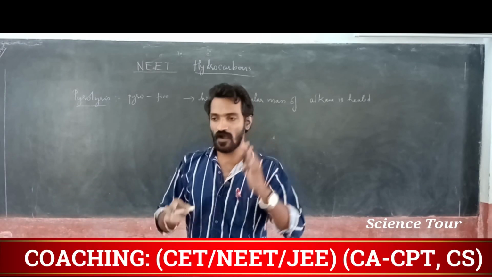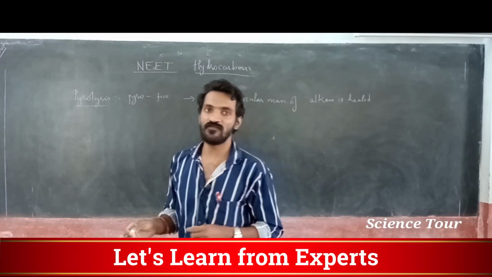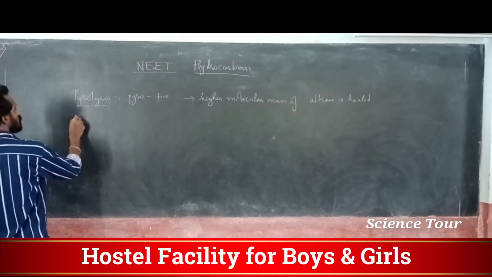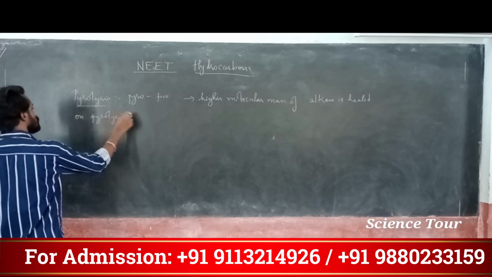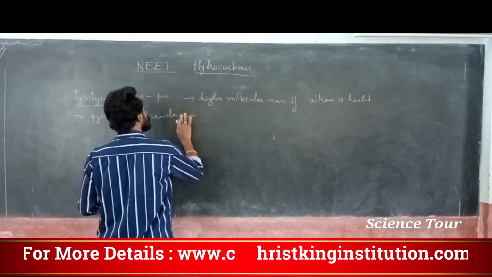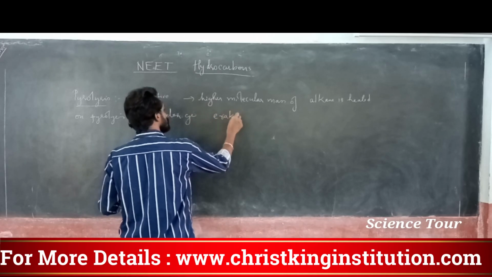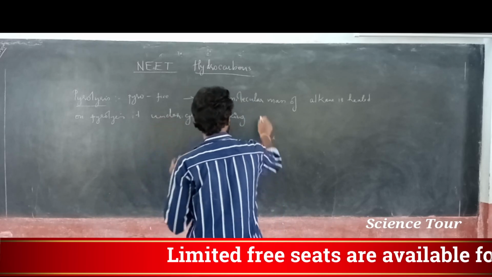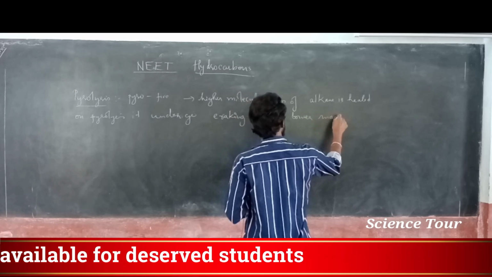So a higher long chain of alkane cracks into smaller, lower mass alkanes, etc. On pyrolysis it undergoes cracking to lower mass alkanes.